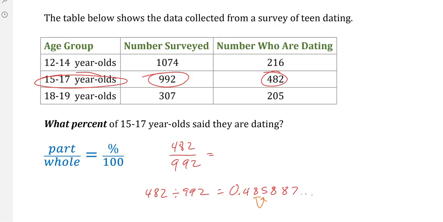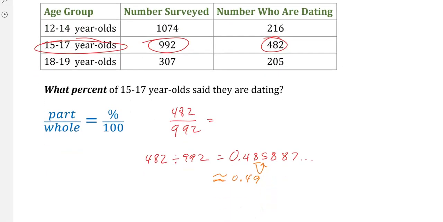I'm going to ask the 5 next to it, do I round up or round down? And the 5 says to the 8, you need to round up to 49. So this will be 0.49. Because it's 0.49, that's 49 hundredths. That means that's going to be 49 out of 100, which is also 49%.